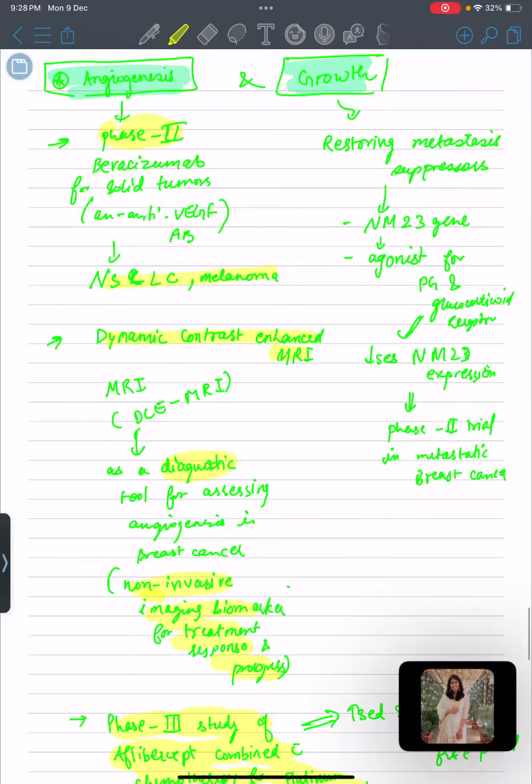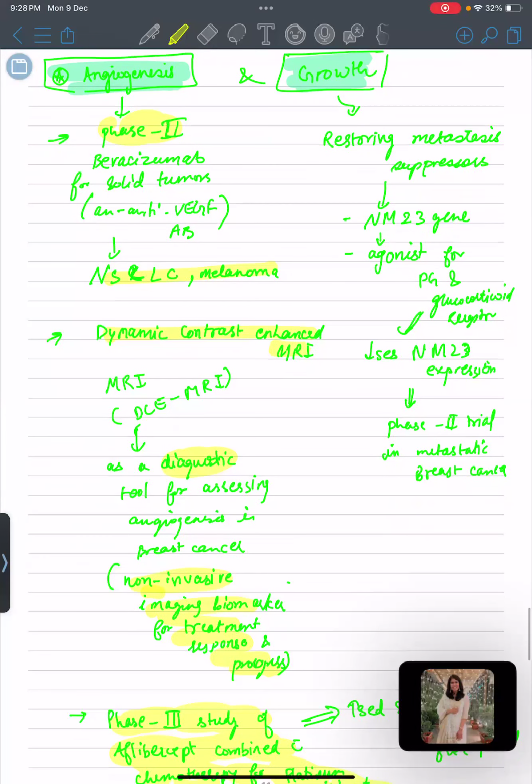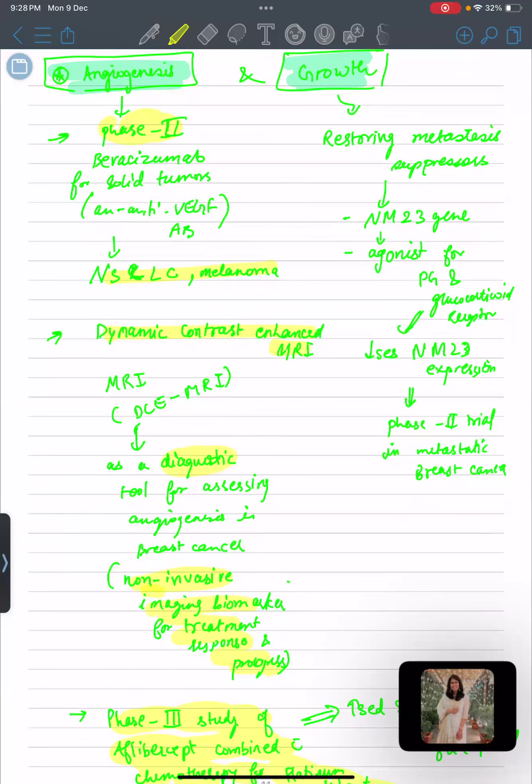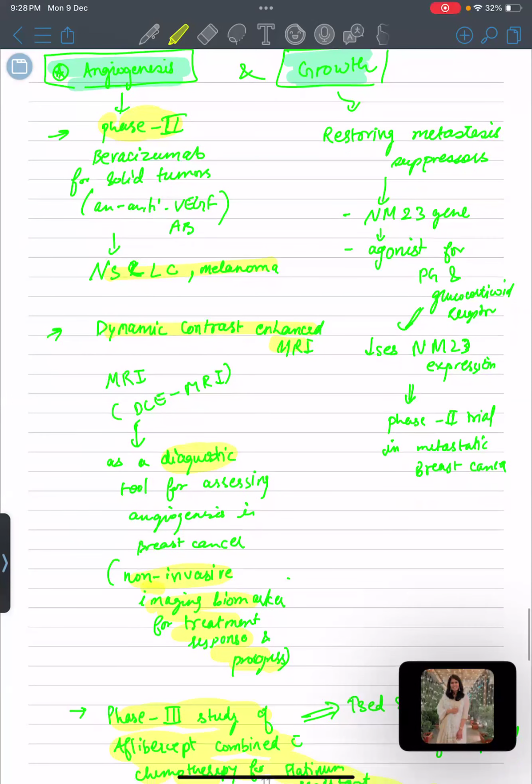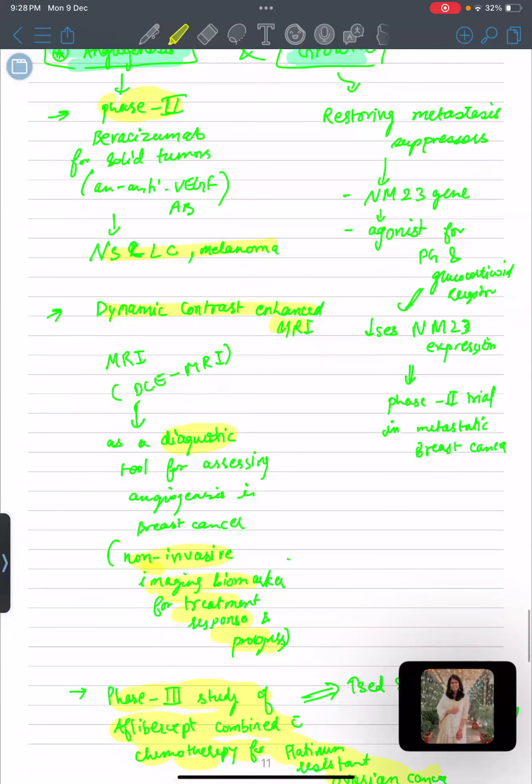So there's a phase 2 trial going on to evaluate the potential of an anti-VEGF antibody as a therapy in non-small cell lung cancer and melanoma. Then there's a DCE-MRI study.